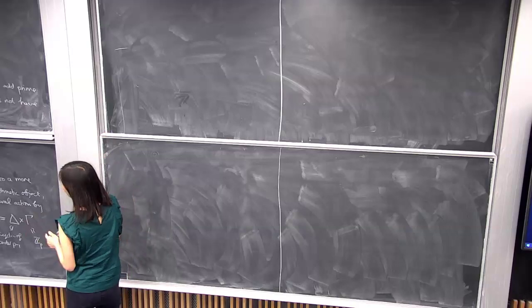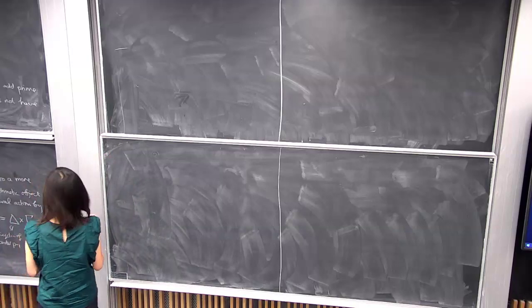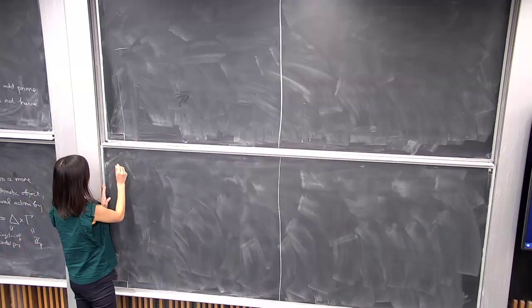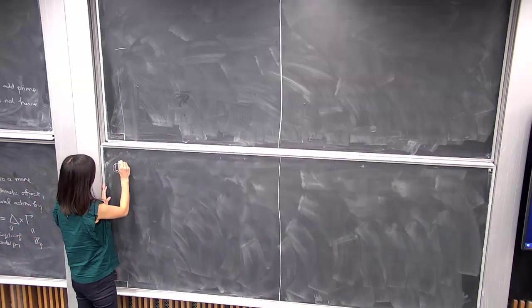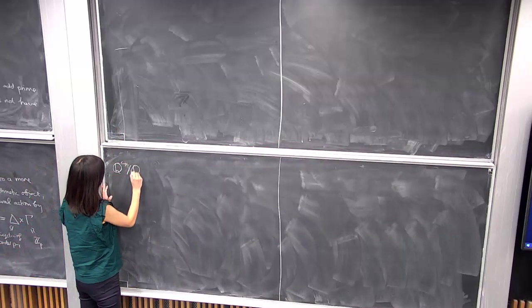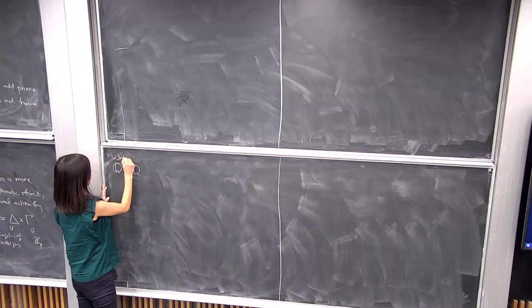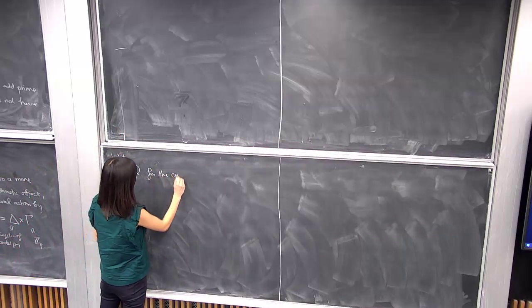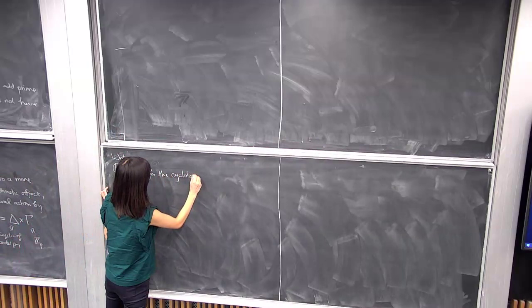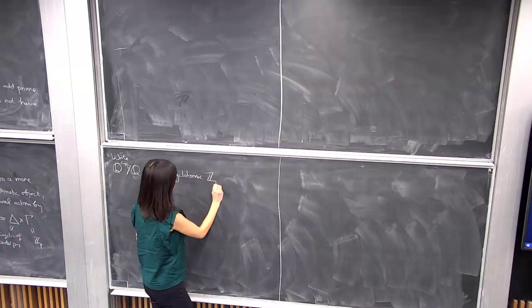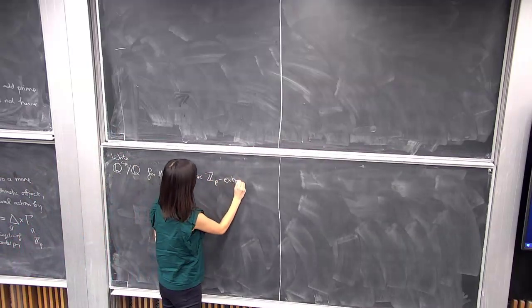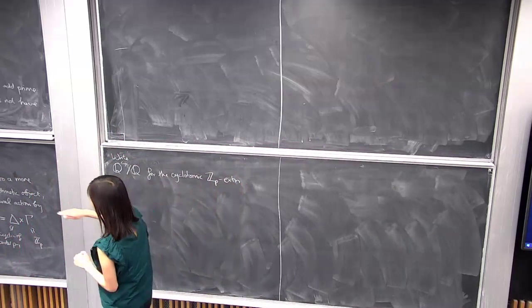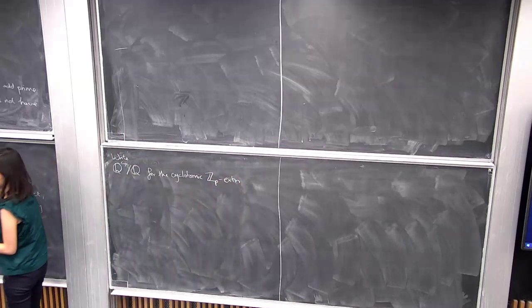There is a unique Z_p extension of Q inside this extension, and that's called the cyclotomic Z_p extension. So this is the unique Z_p extension of Q contained in this extension.